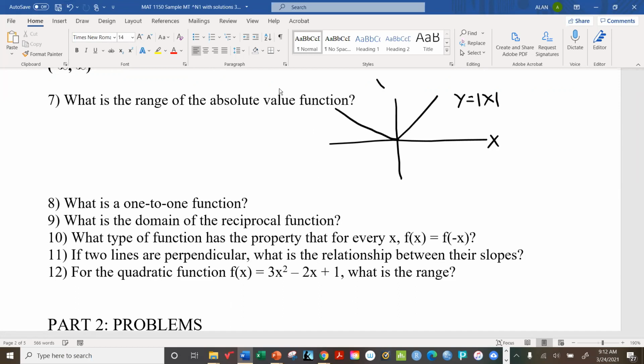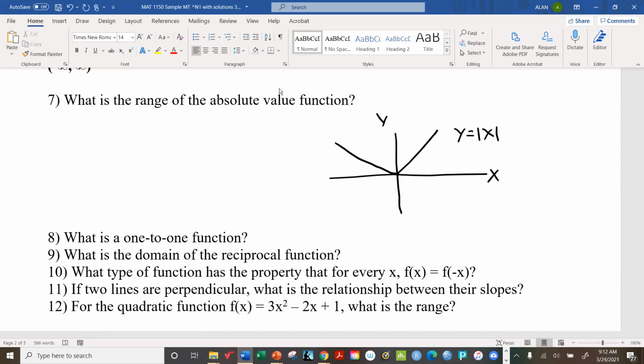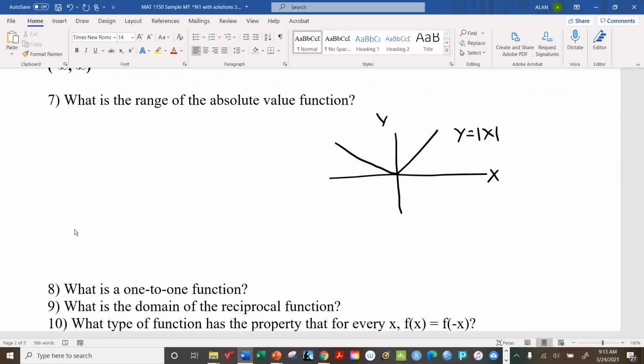If you look at this graph carefully, you'll see that you can have an absolute value of 0, but no negatives. Okay, so in other words, the range would have to be everything from 0 up to positive infinity, including the 0.